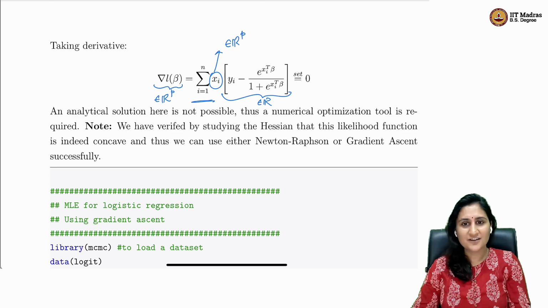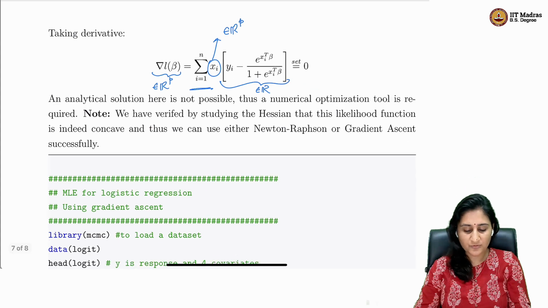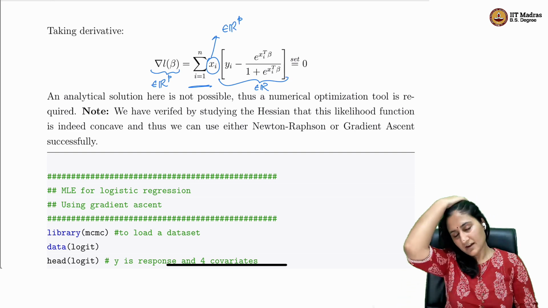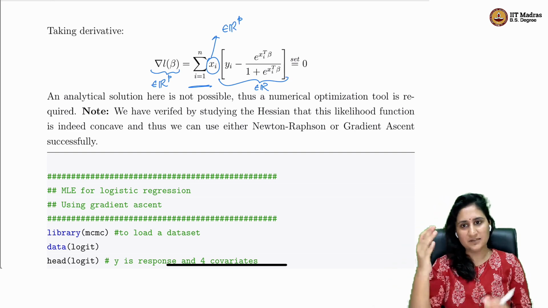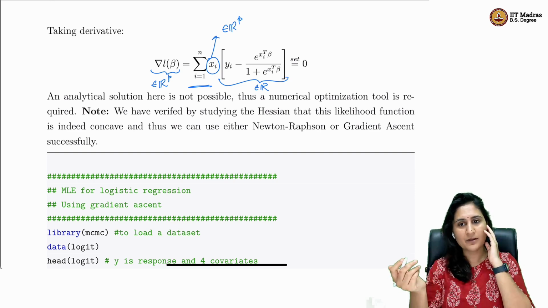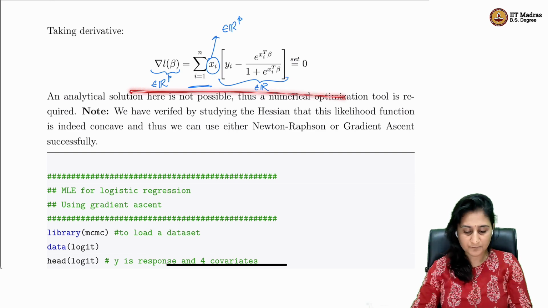Okay, once you take a gradient and you set it to 0, we've discussed this before, we see that an analytical solution here does not seem to be possible. Because beta is not isolated outside of the summation, it's very much in the summation in a very complicated way, so that you can't really isolate beta. And so that means we do require a numerical optimization tool to actually find roots of this.